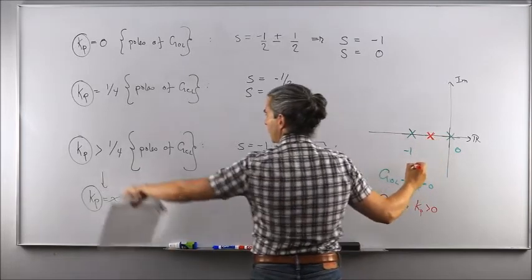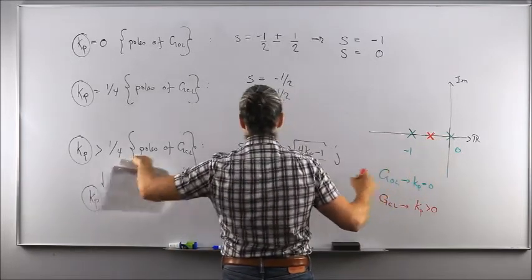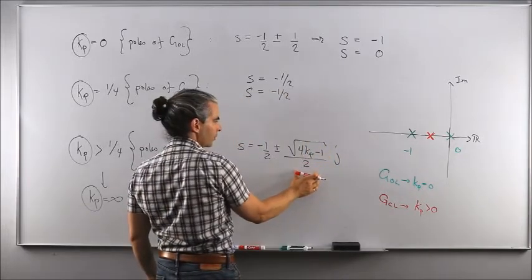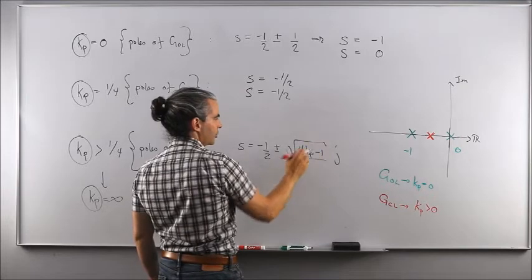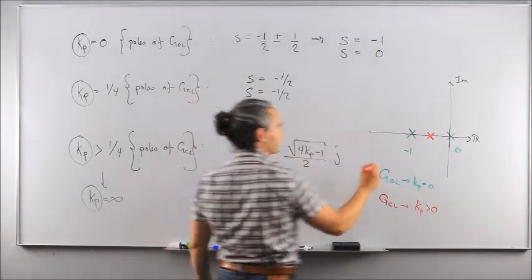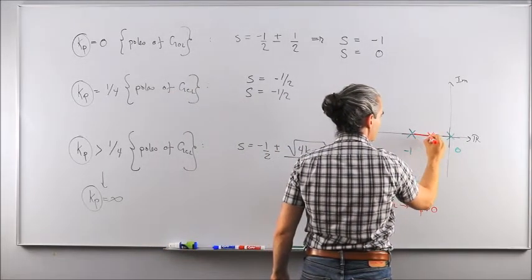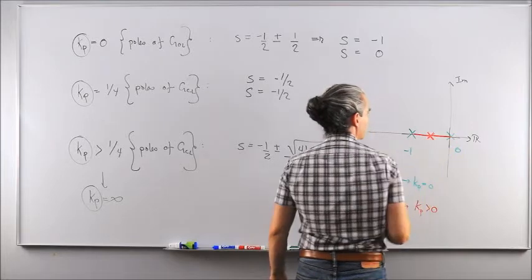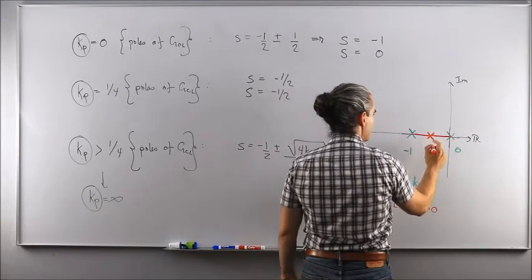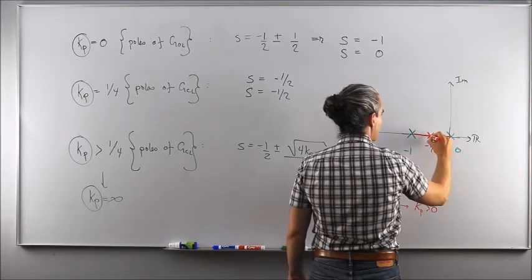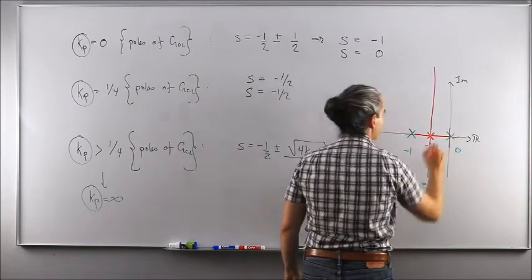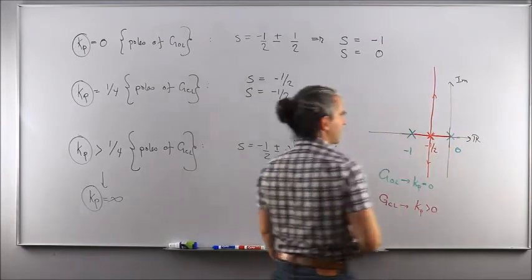Okay? And then whenever Kp is larger than 1/4, then the poles become complex conjugate, where the imaginary part of the poles are a direct function of Kp. So whenever Kp will increase, that will increase the imaginary part of those poles, meaning that the poles would actually move away from their initial locations obtained with the open loop transfer function, meet up in the middle at -1/2, and then you get a pole shooting right up and the other pole shooting right down, like that.